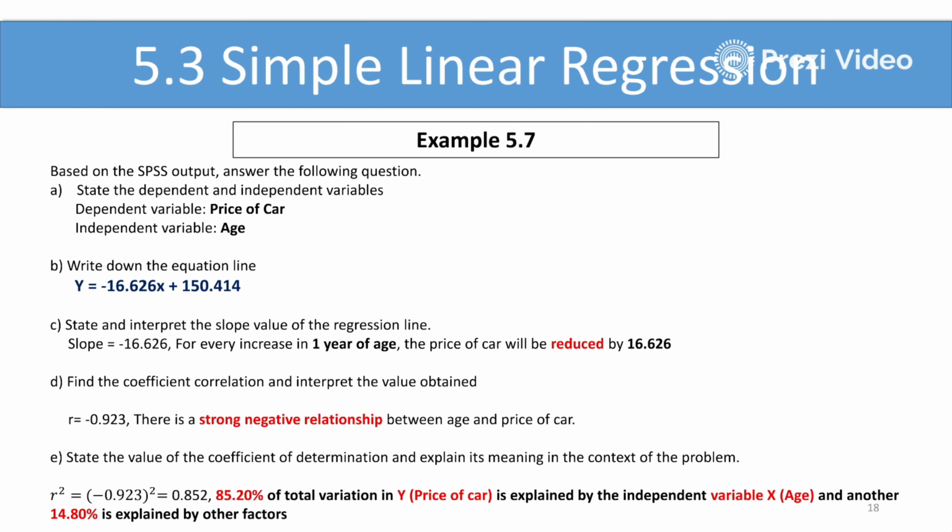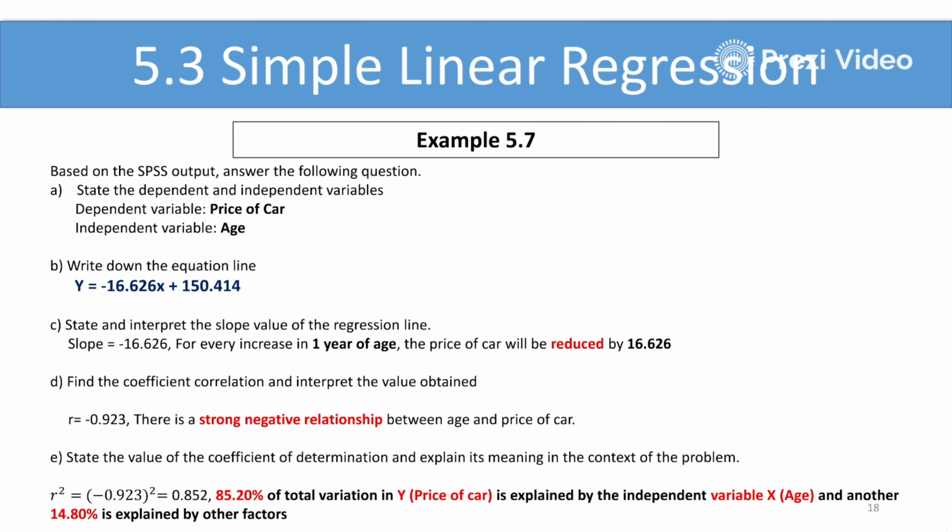So 1 year of age, price of car will be reduced. Kenapa reduce? Because the slope is negative. Kalau dia positif, kita cakap will be increased. Tapi since this one adalah negative correlation, so the slope also negative, so that's why kita cakap will be reduced by 16.626.